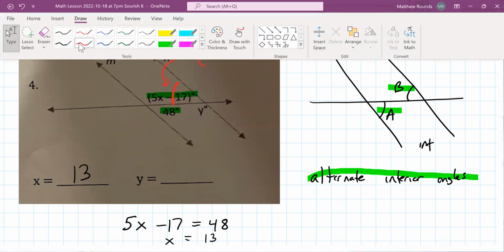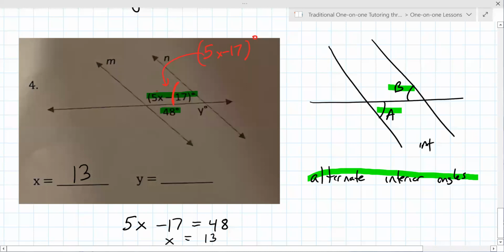What's interesting is there's actually a couple of ways that you can find y. When you're same side like this, see how these are same side and on the interior? Same side interior, they add up to 180.